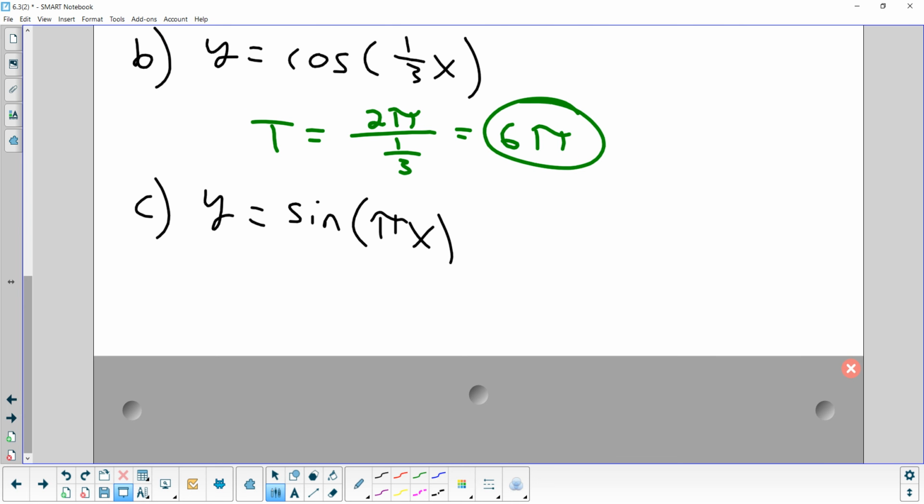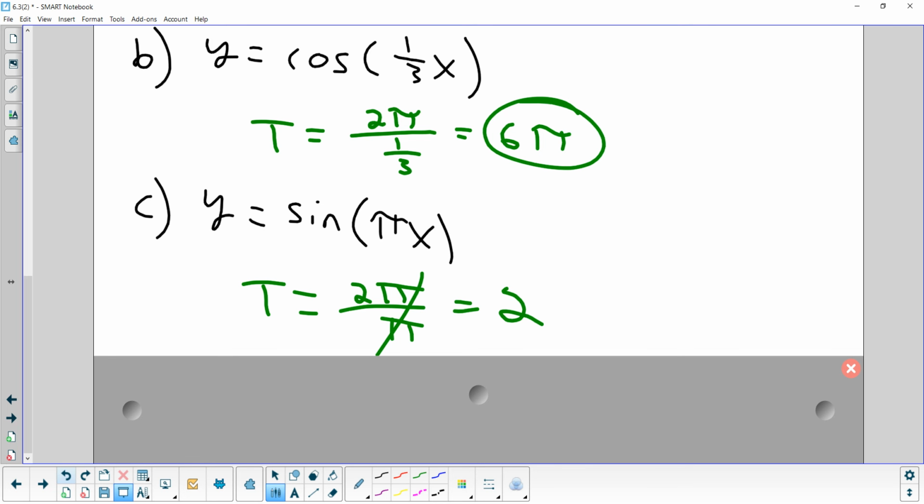All right, let's do this one. First of all, would that stretch or compress? That's going to compress. That's a number bigger than 1. It's 3.14. It's still going to compress it. And what would the new period be? 2. Because it would be 2 pi over pi, and then you would get 2.